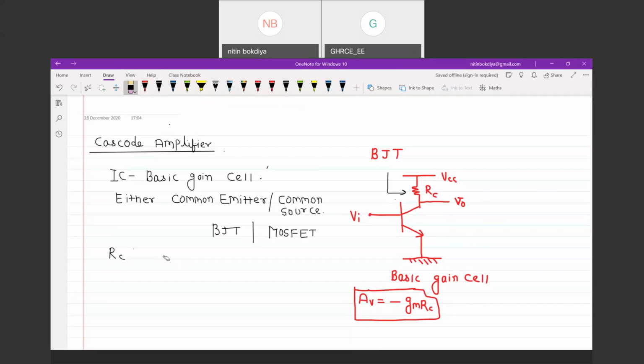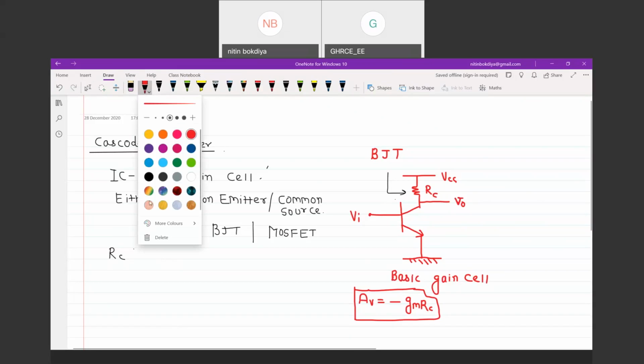The first problem: at the IC level, it is very difficult to mount a resistance in the IC. So the problem with IC is this. First point, it is difficult in IC technology to implement resistors.